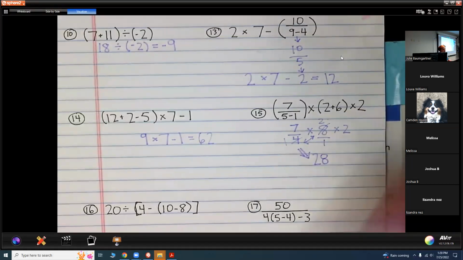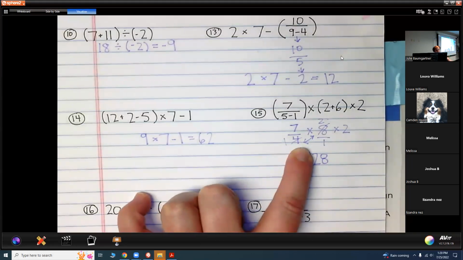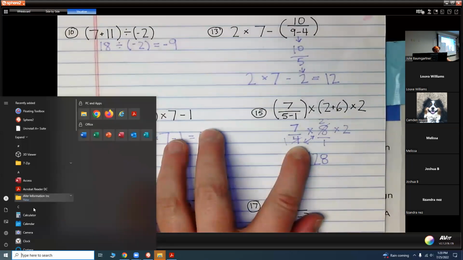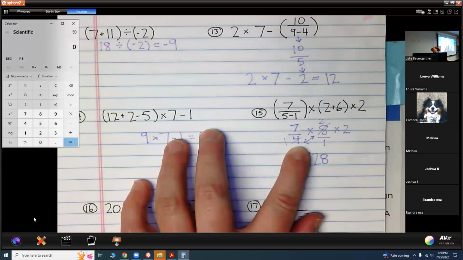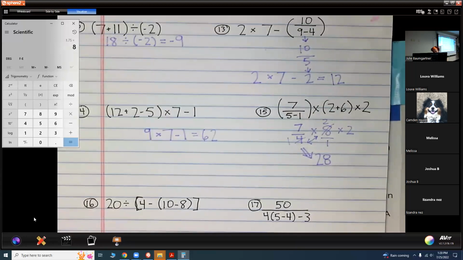Good. Yeah, and I mean, it would still work if you did 1.75 times 8 times 2. Yep, that's fine too, right? So when you actually do this division, like Kaylee's saying, you would get a decimal, excuse me. 7 divided by 4 gives us 1.75, and then you can still just keep multiplying times 8 times 2 and do the same thing.